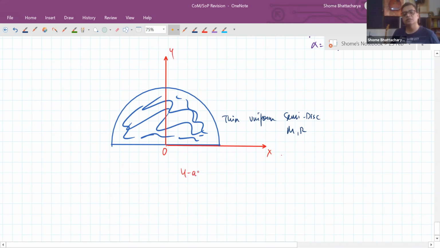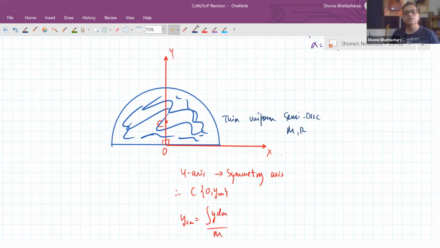So y-axis is our symmetry axis, and the center of mass will lie on the y-axis. Now this YCM we will again calculate by integration ydm divided by total mass.